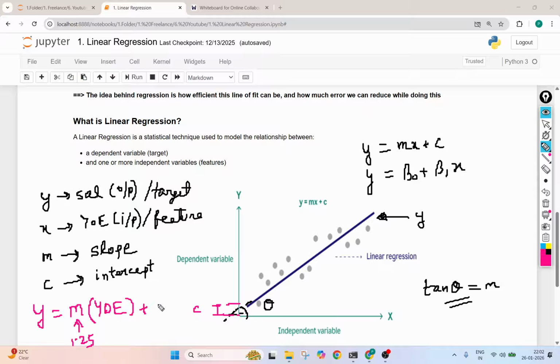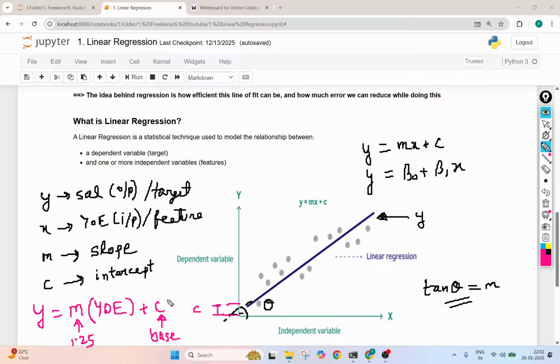Plus c. c over here is the base salary. So even if your years of experience is zero, you should get some sort of a salary. Here we took an example of, I believe, 3 LPA or something, right? So now I hope you also understand it in a non-technical way as well. c here refers to the salary that you get without any years of experience.